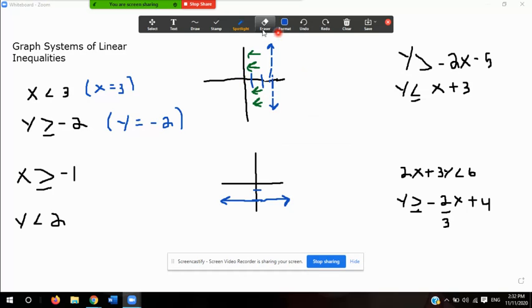But because it's saying y is greater than or equal to negative 2, I'm actually going to shade everything above negative 2. And again, I'm going to use the green, and I'm not really going to shade it. I'm just going to draw the arrows. Basically, these arrows are indicating to me that the answer is going to be any number that is above negative 2 in this case.